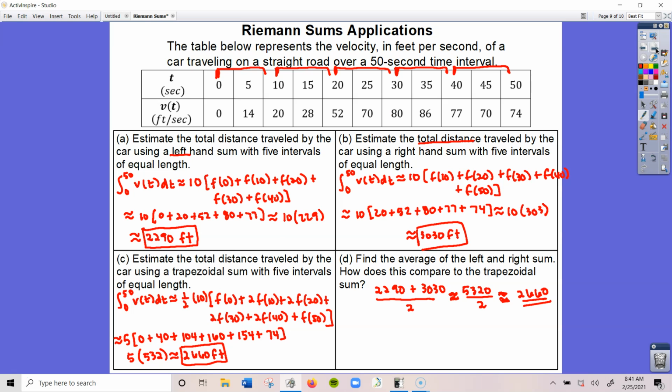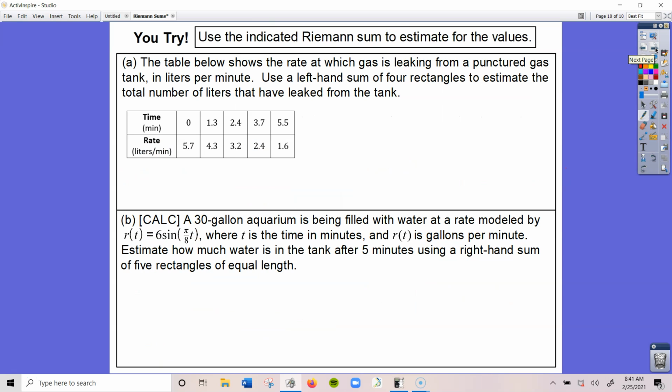Let's try one more. This first one is non-calculator. It says the table below shows the rate at which gas is leaking from a punctured gas tank in liters per minute. Use a left-hand sum of 4 rectangles to estimate the total number of liters that have leaked from the tank.